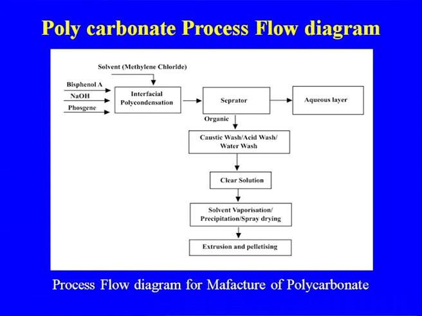This is in brief the block diagram of the polycarbonate process: bisphenol, NaOH and phosgene go to the polymerization reactor, where we use the solvent methylene chloride, and then it goes to a separator. The aqueous layer is separated from the organic layer, which is washed with caustic and water to give a clear solution.